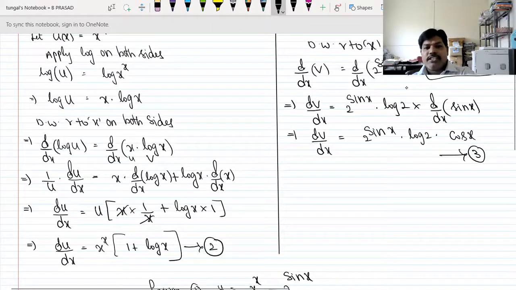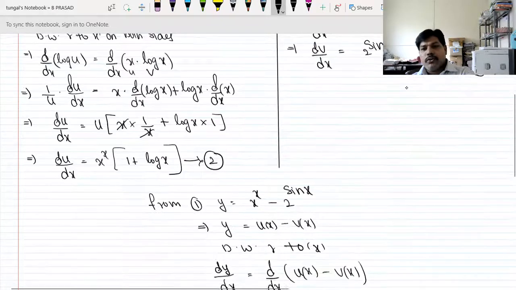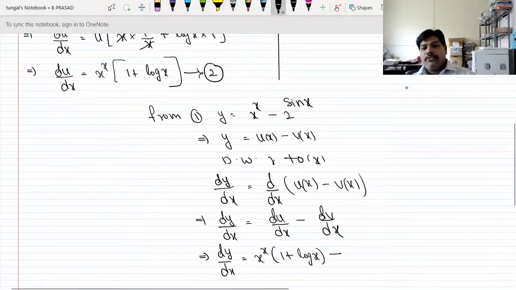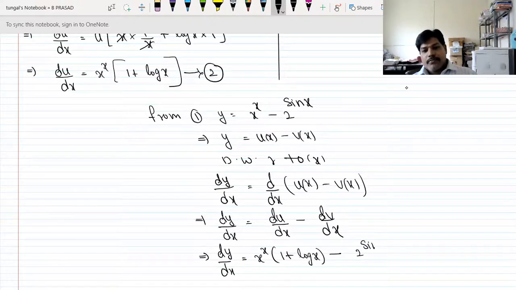The dv by dx value is 2 power sin x into log 2 into cos x. So you can apply that value here. So this is the dy by dx value.